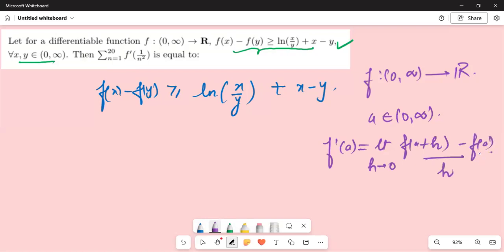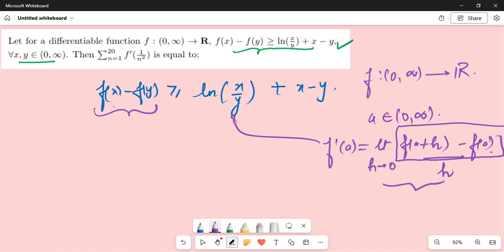So how to apply this here? Now you can see that the numerator is already given. The numerator is already having some form here in the left hand side.